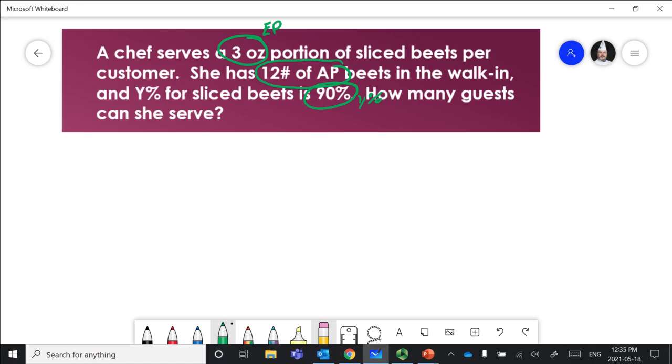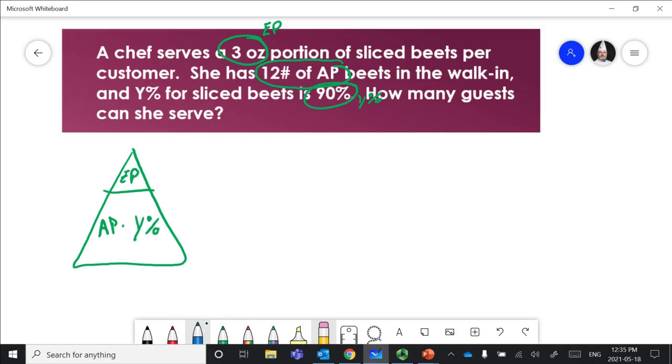Well, if we're going to serve each guest 3 ounces and we have 12 pounds of AP in our cooler, we need to figure out, once we process that 12 pounds, how many pounds am I going to have left once I process it? So our triangle, EP over AP times yield percentage, and we're going to take our 12 pounds of AP and our yield of 90%.